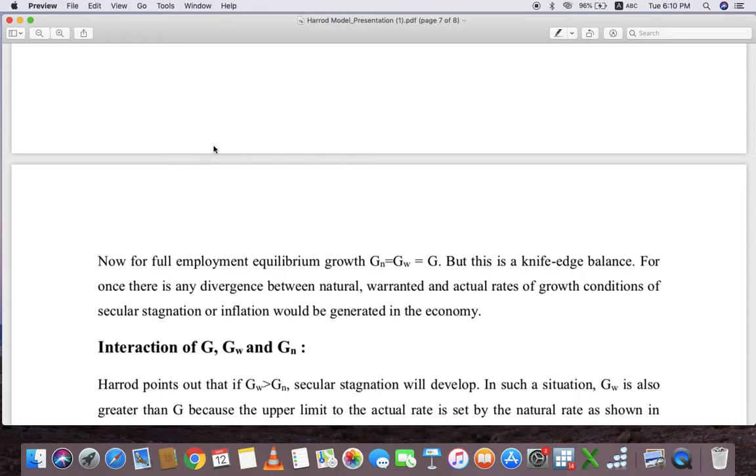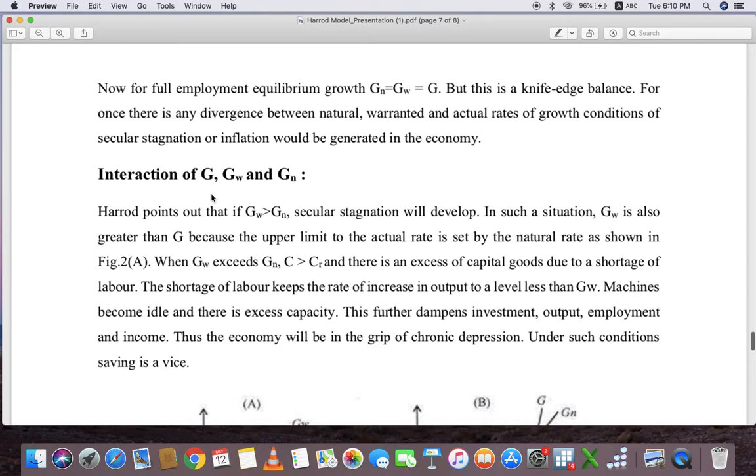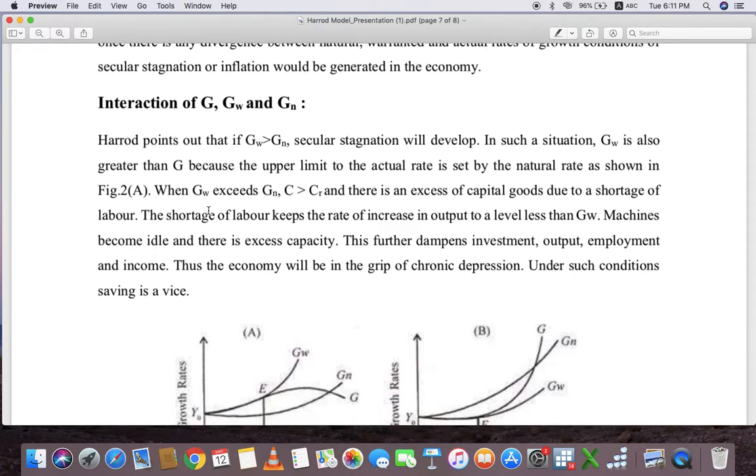If this balance is disturbed somehow, then the economy will never come back to the same level and there will be divergence, and there will be the situation of secular stagnation or there will be the situation of inflation in the economy. So, how these three growth paths interact with each other, the growth paths of G, GW and Gn. Harrod points out that if GW is greater than Gn, secular stagnation will develop.